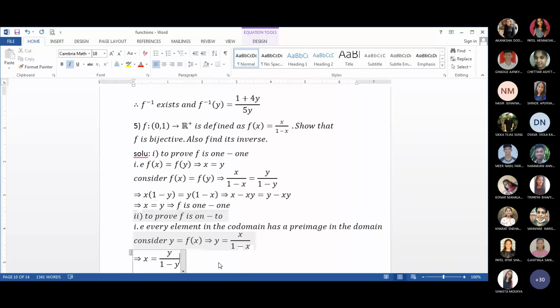Because these are small simplifications which you should be able to do at this stage. This is standard 9, 8, 9 simplification. Coming to FY, you should be able to do it.